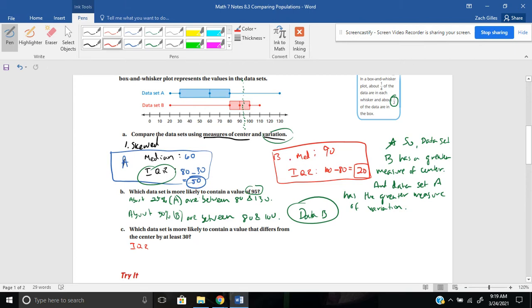The range of letter B goes from 80 to 100, which is only 20. So which one is more likely to contain a value that differs by at least 30? Well, that's definitely data set A, because the interquartile range is a lot larger, and that's what it's asking for.